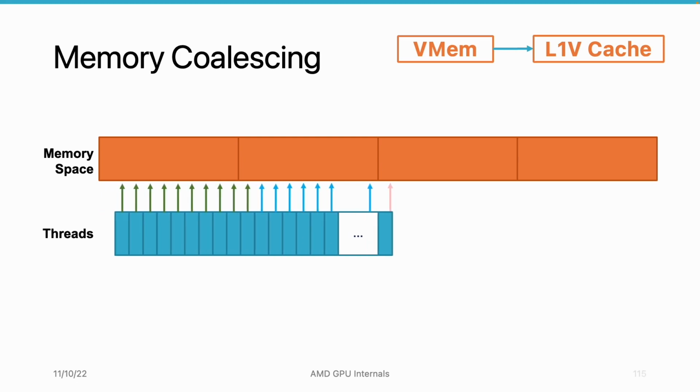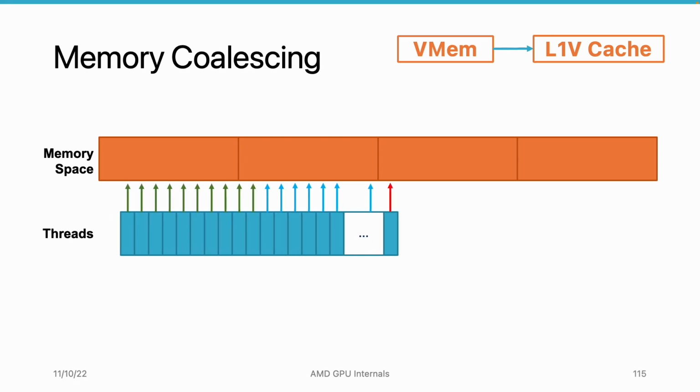If we have a scenario like this, where threads access some data, but just an offset causes one piece of data to access one extra cache line, this may have a significant performance implication that reduces the overall performance, because we're effectively changing 2 memory transactions into 3 memory transactions.